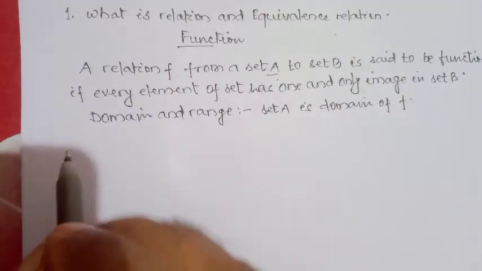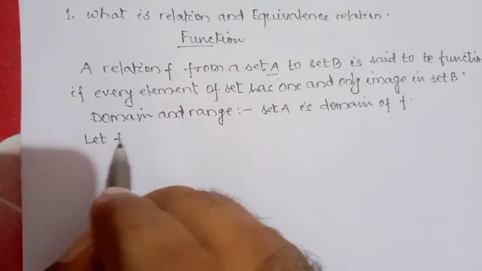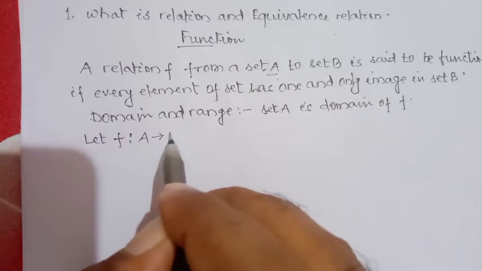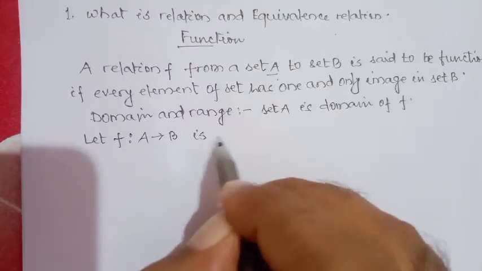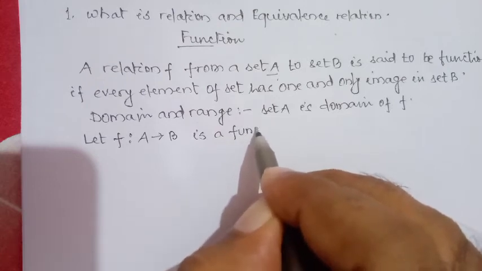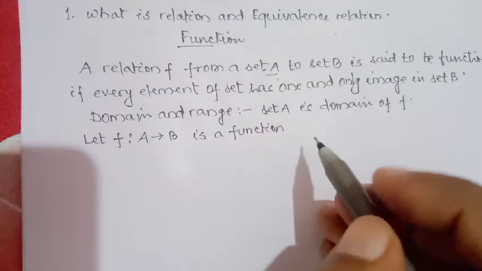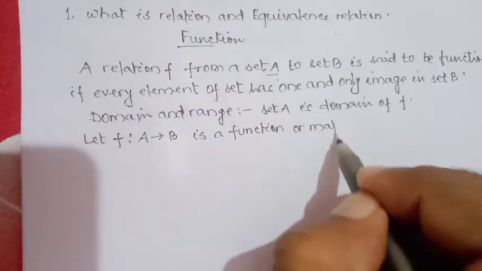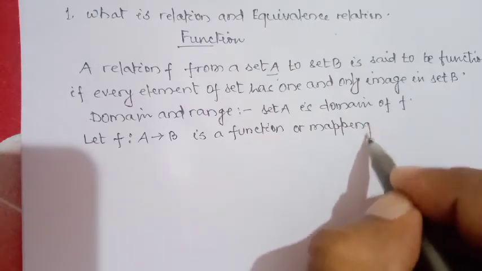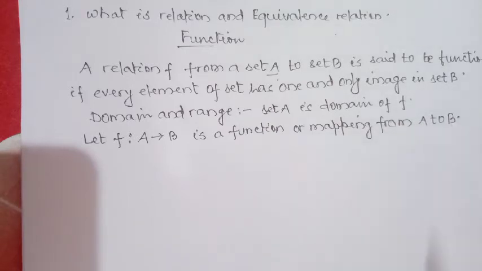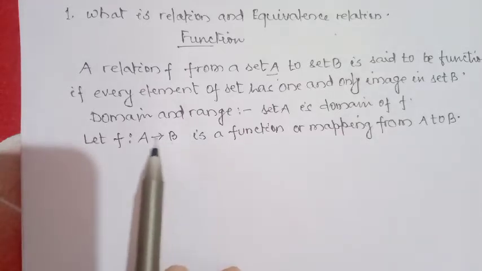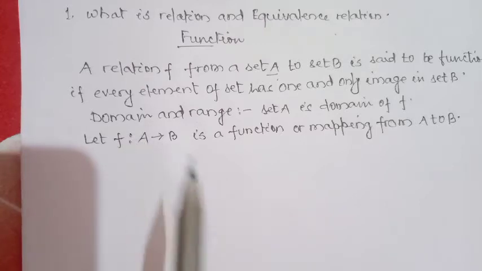First of all, let F from A to B be a function, also called a mapping from A to B. So the domain and codomain of this F are A and B respectively.